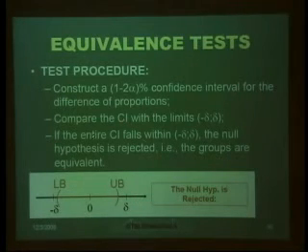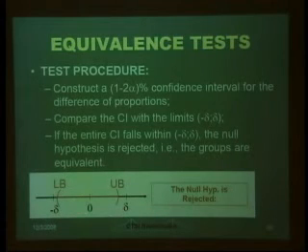And I construct the confidence interval as we are used to, the usual confidence intervals, and I look at the lower bound and upper bound. If I am in this situation, the null hypothesis is rejected. Remember, the null hypothesis is that they are different.